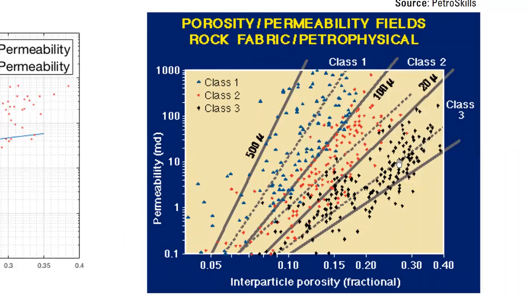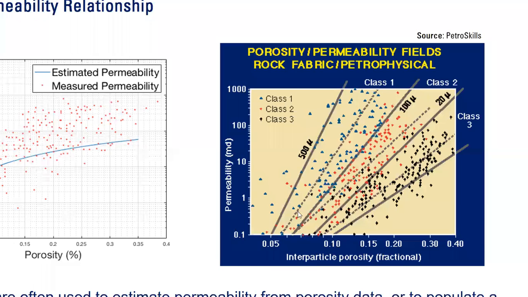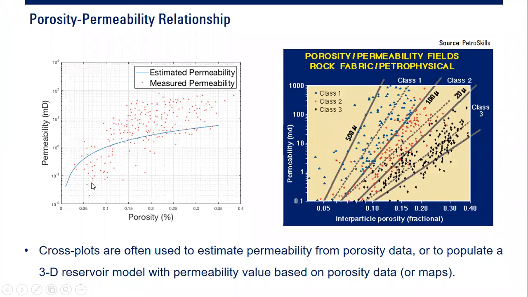This is usually done by geologists or petrophysicists, so we can obtain the correlation from them. They are the ones who generate this correlation, who want to know the relationship between the permeability and the porosity. We call it cross plots.